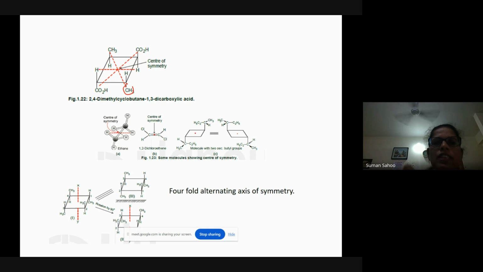That is known as your center of symmetry. Next is your alternating axis of symmetry. Alternating axis of symmetry is, first you rotate a molecule through some angle, and then if you take its mirror image, and if that is equal to the initial, meaning before rotation.